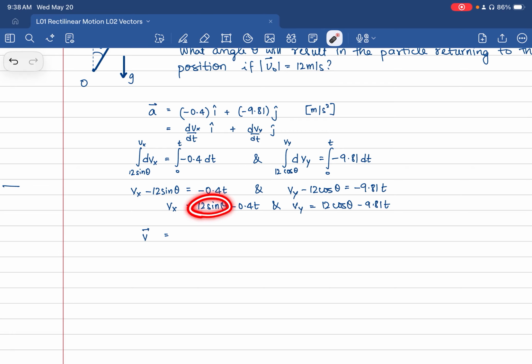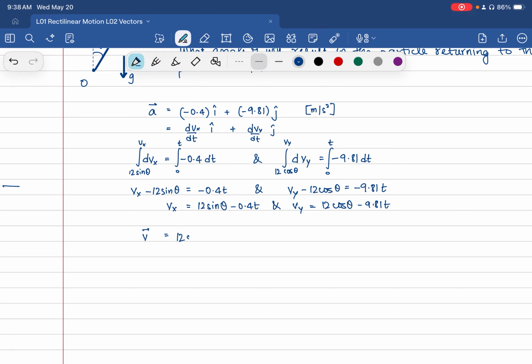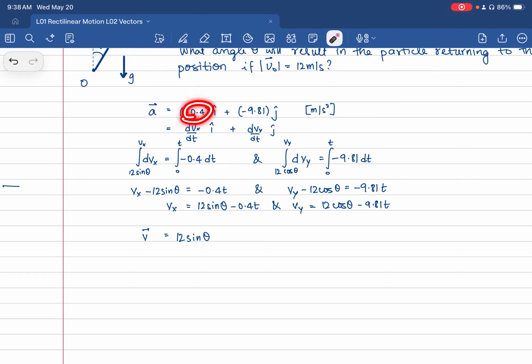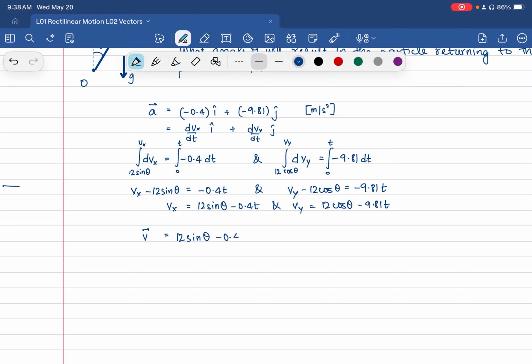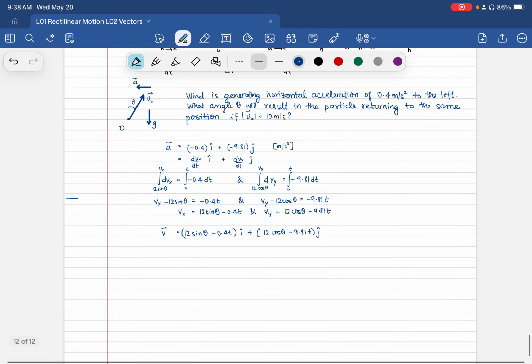So this here is the initial condition, right? 12 sine theta, and then the integration of this. So this is minus 0.4 t i hat, and then initial condition for y, that is 12 cos theta, plus the integral of the acceleration term, so that's minus 9.81 t. Okay, so this here has given you the velocity.